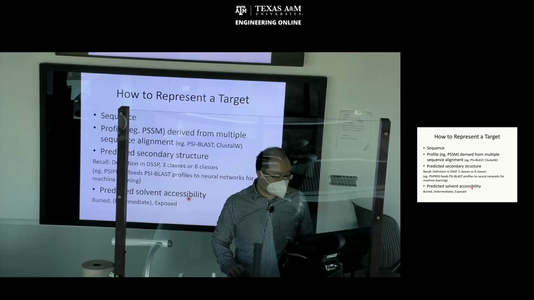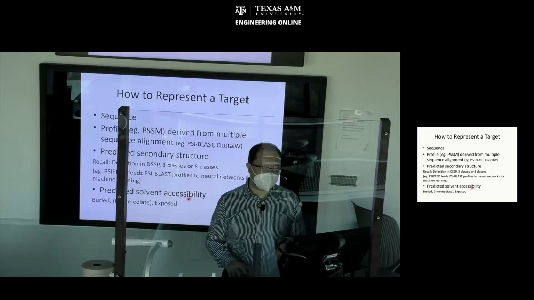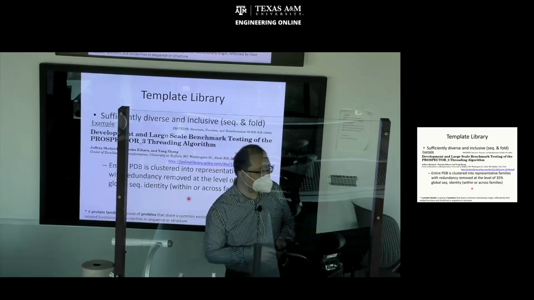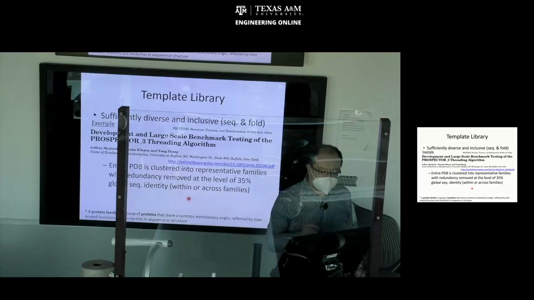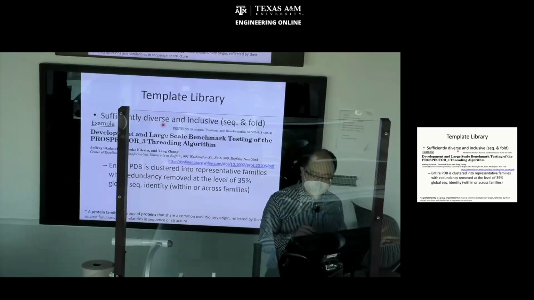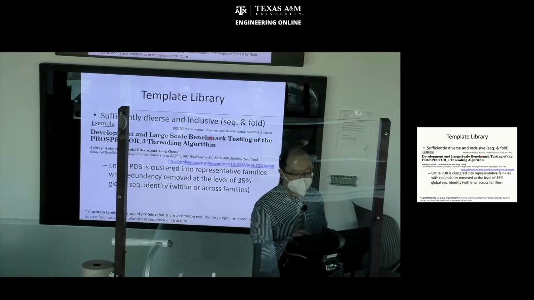Now, how to represent a template? I first have to select templates, right? To construct a library. For any library, you need it to be sufficiently diverse, with no redundancy. In the meantime, the union of them should be inclusive, right? They should be diverse and inclusive in both the sequence and the fold space, right?